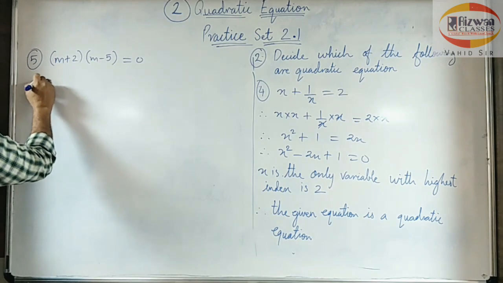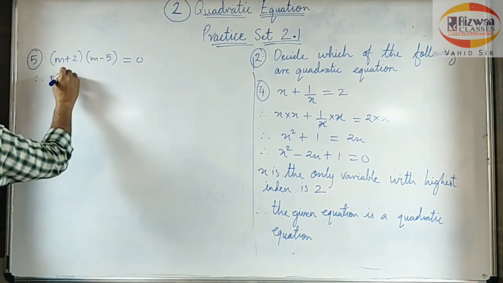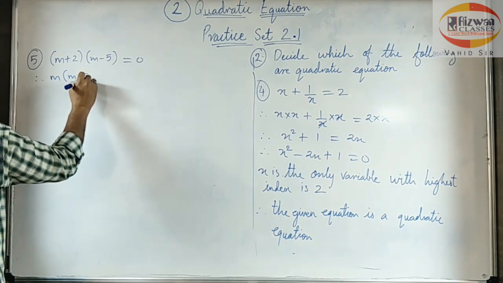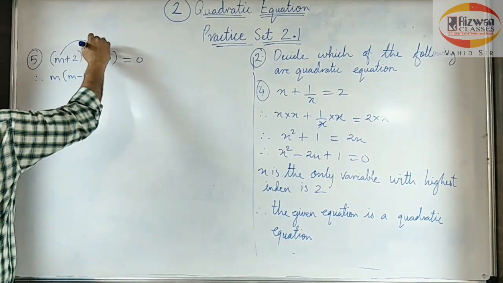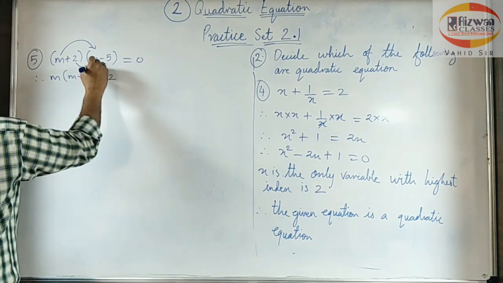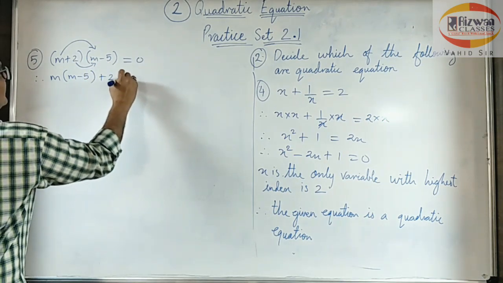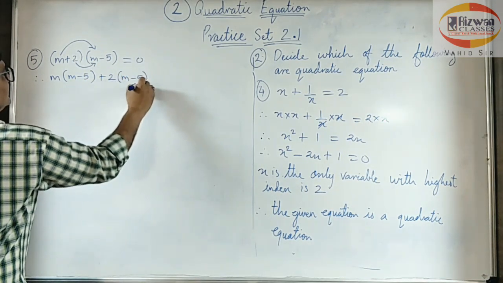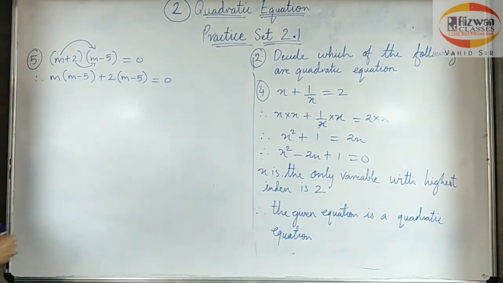We have done this in your 9th standard. M will go and multiply with (m - 5). This m will multiply with the whole bracket, and this plus 2 will also multiply with the whole bracket, that is (m - 5), equals 0.